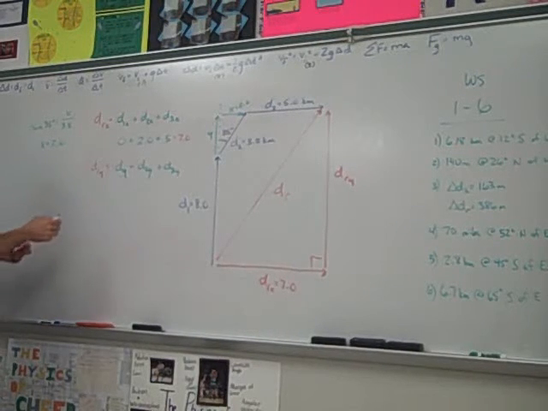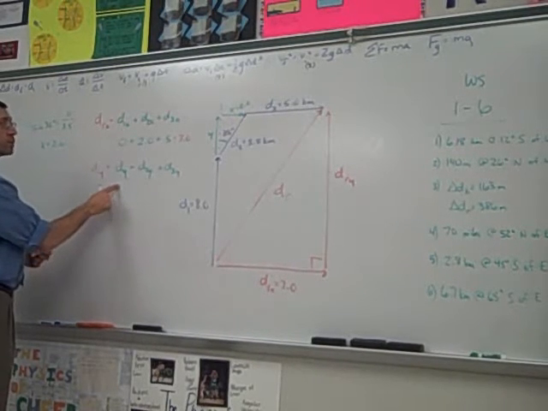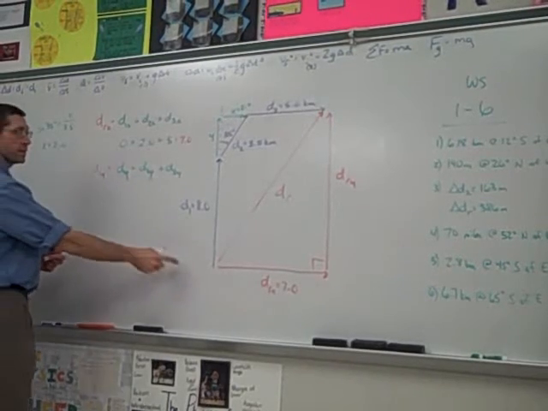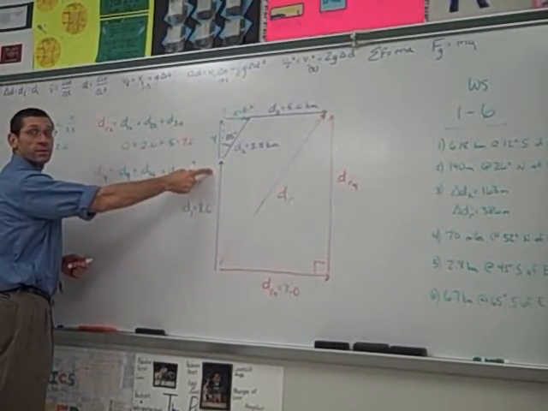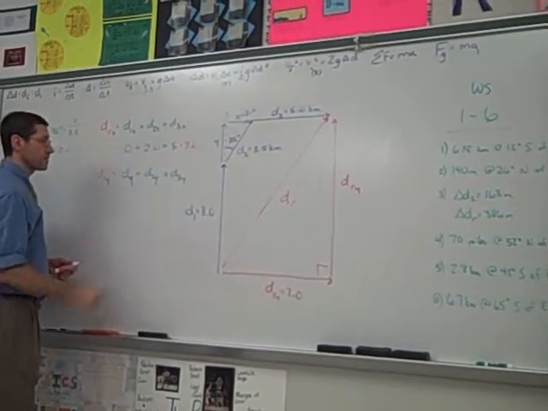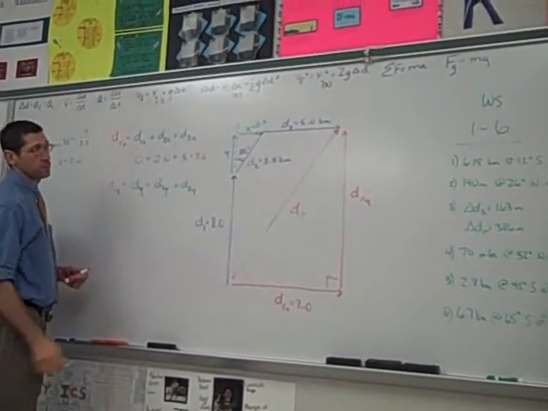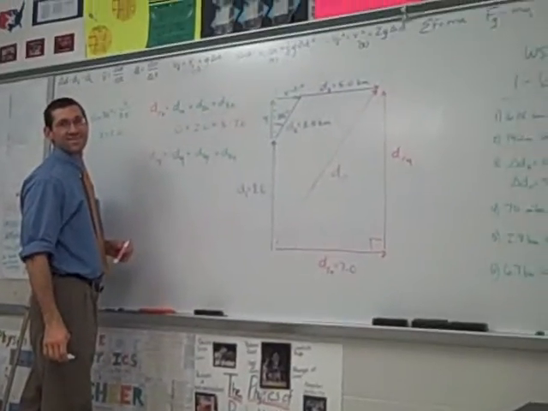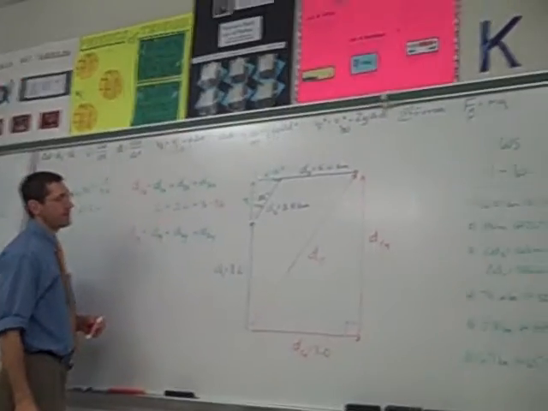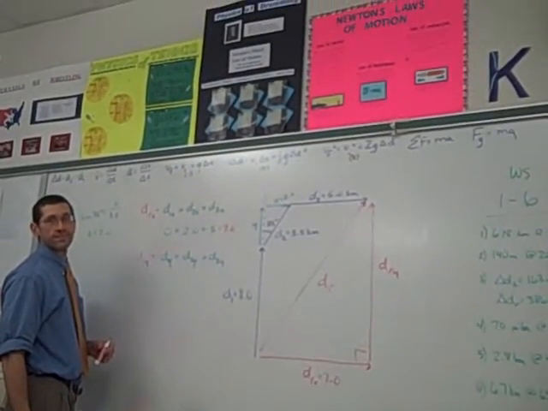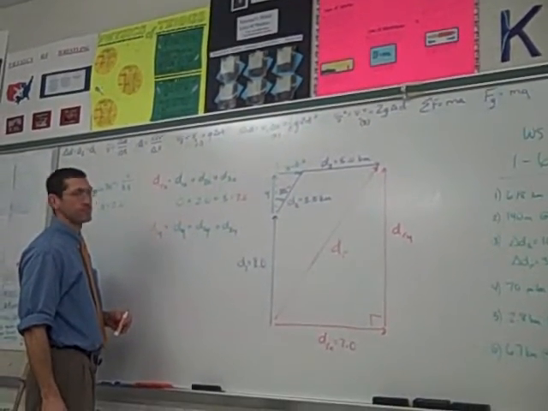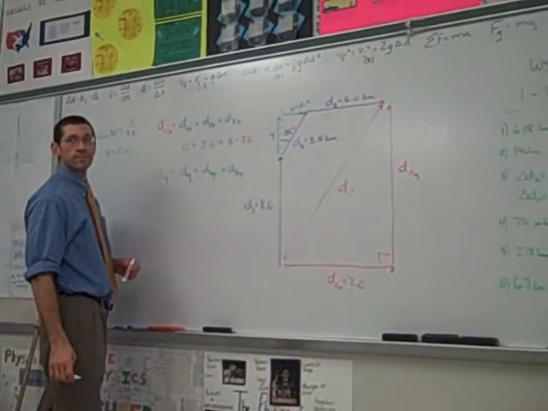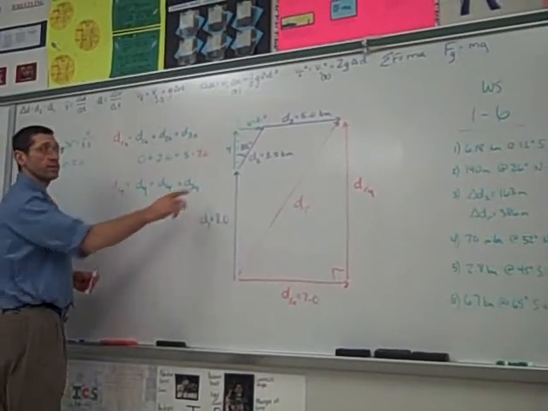Now we do the same thing for dry. So d1y is, it's all y, right? So what is it, Alex? Isn't that sine? Didn't I screw mine up and use 55 instead of 35? Well, you did that for vector 2.